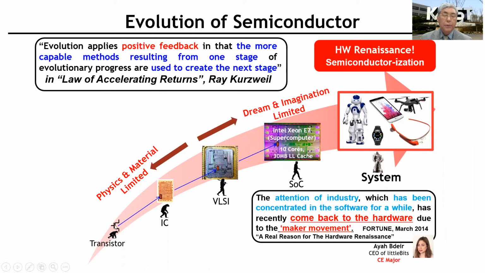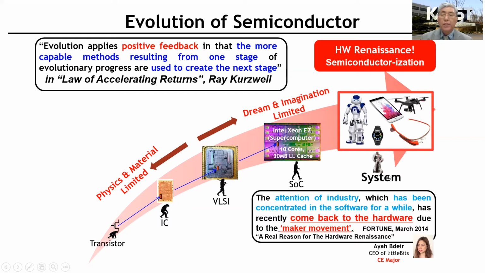The previous invention, the transistor, is just a component of the next invention, the IC, and IC is just a component of the next invention, VLSI, and VLSI is a component of the SoC. And the current system is based on the SoC. So if you disassemble the current system, you can find it's just a combination of SoCs. The famous future theorist, Ray Kurzweil, said evolution uses positive feedback. That means all the previous inventions are the base of the next invention.